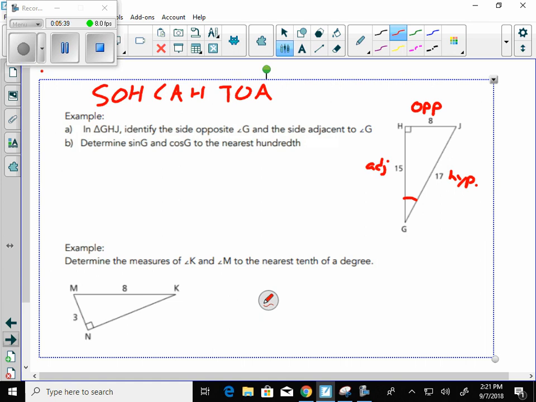Okay. This is tricky. Now, based on angle G, could you guys write out the sine ratio? Sine of the angle would be, so sine G. What is sine?